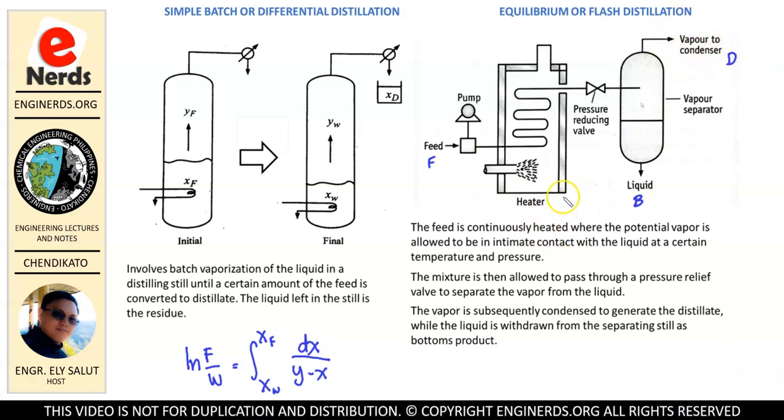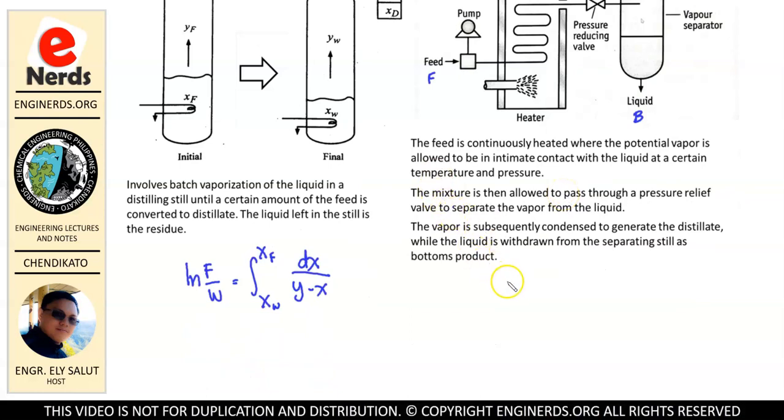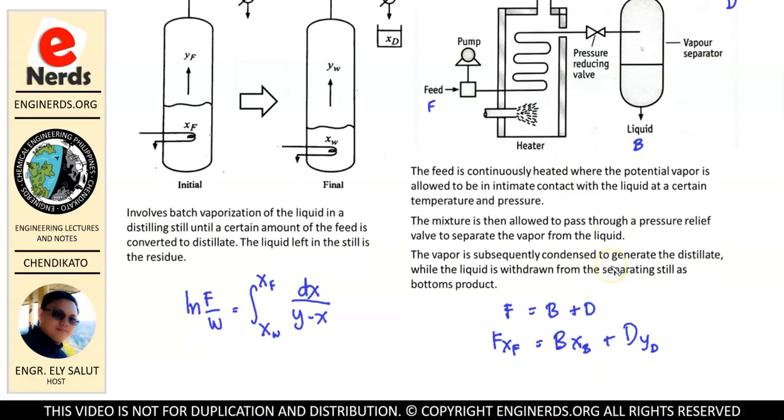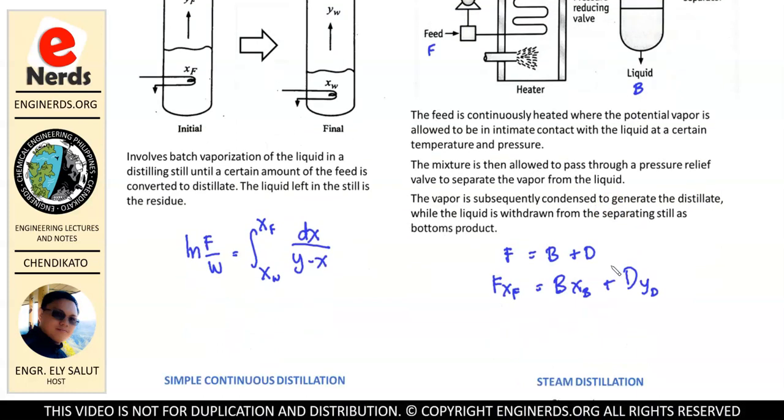Okay, so therefore for our overall material balance, we have F is equal to B plus D. Okay, then for the more volatile component balance, we have F XF is equal to B XB plus D YD, no? So this is what we are going to use when we have flash distillation. But we will also be using graphical method, okay, in solving for this, kung saan gagamit tayo ng ating equilibrium diagrams na natutunan natin sa ating previous lectures.